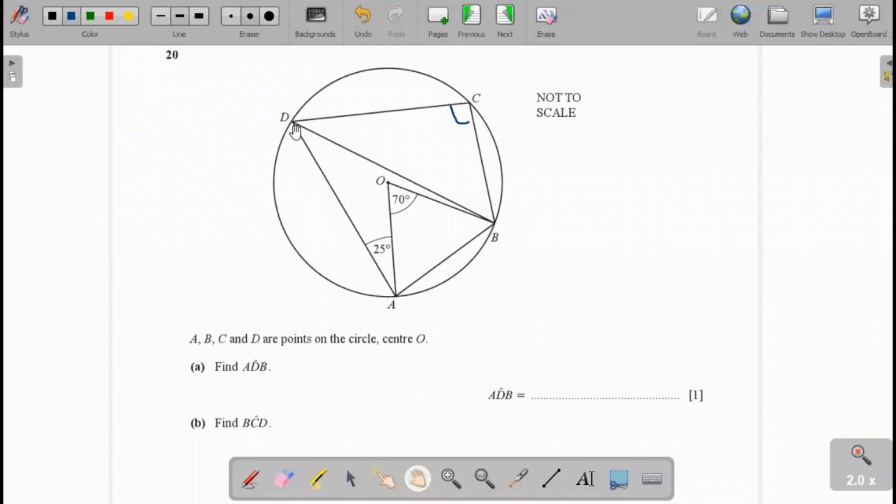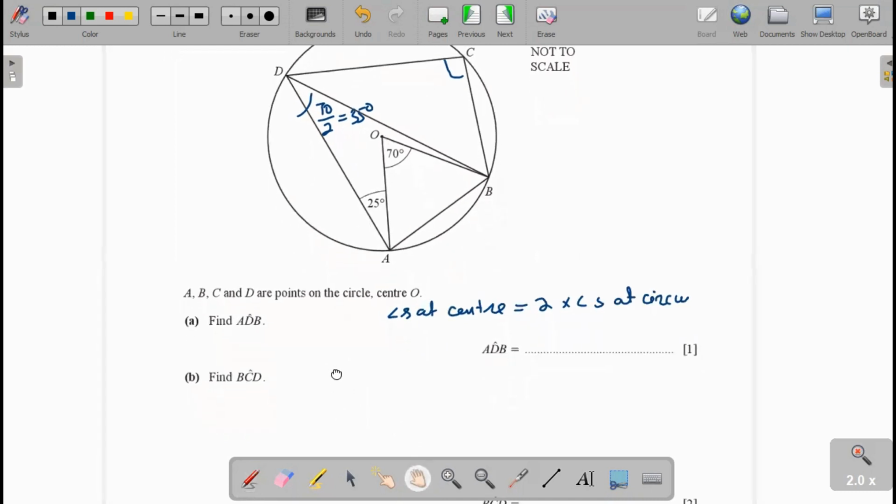Therefore, the angle at the circumference will be half of the angle at the center. 70 over 2 is equal to 35 degrees, because this is the property: the angle at the center is 2 times the angle at the circumference. Therefore, the angle at the circumference will be half.